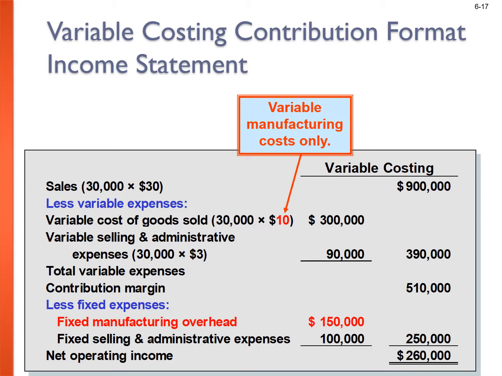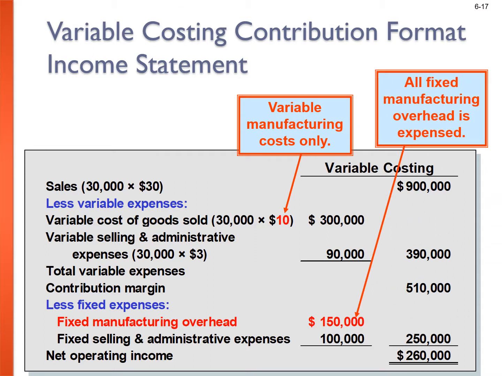So to determine the contribution format income statement under variable costing, remember we will take the total sales, 30,000 units were sold, $30 each, 900,000. Variable cost per unit under variable costing, $10. For cost of goods sold, 30,000 times 10 or 300,000.